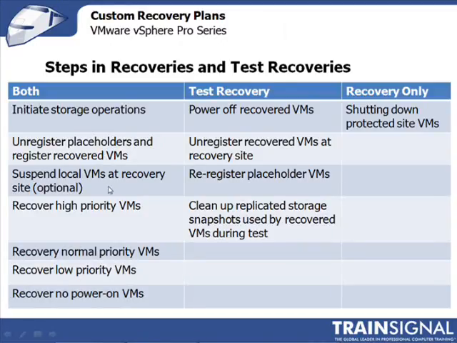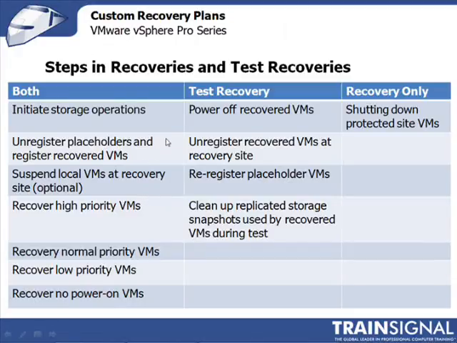The third step is optional, and that is suspending local virtual machines that might have been used for test and dev to get some use out of that disaster recovery hardware. Those will be suspended at the recovery site to make room for the recovered virtual machines. Then we get into the priority groups. So we'll recover high priority virtual machines first, followed by normal, followed by low priority. Finally, we'll recover the no power on virtual machines or the no boot virtual machines.